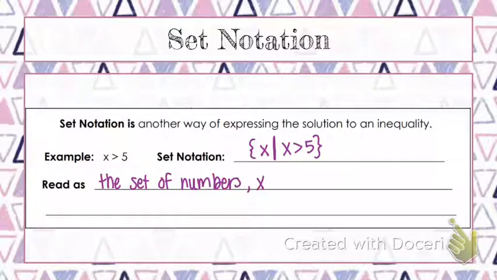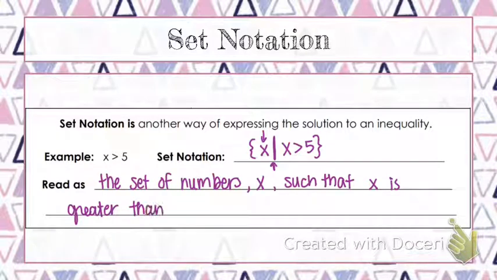x, and this x means that the set is called x. So the set of numbers x such that, this line means such that, x is greater than 5.